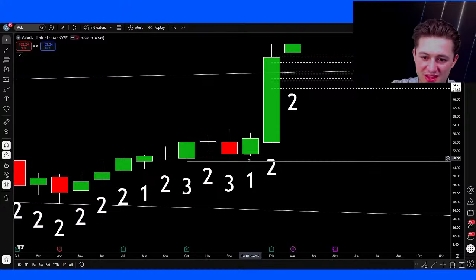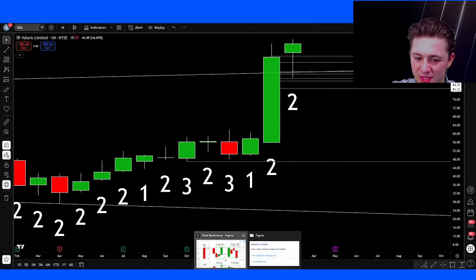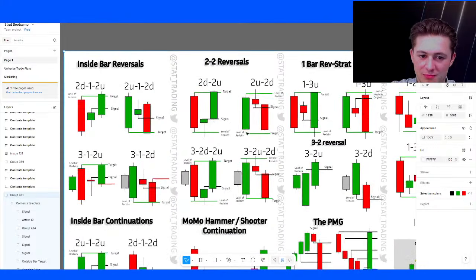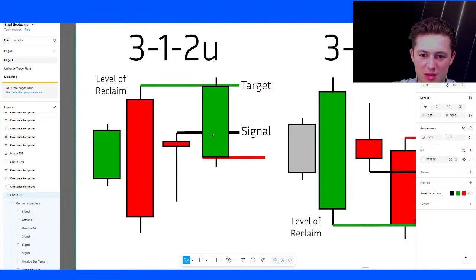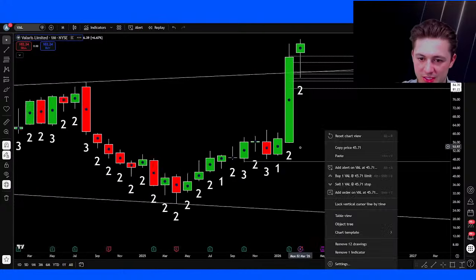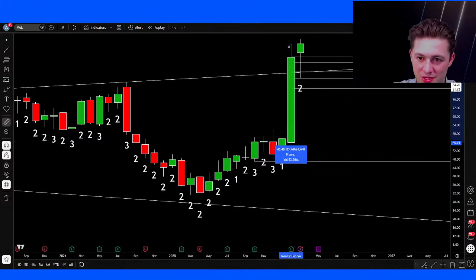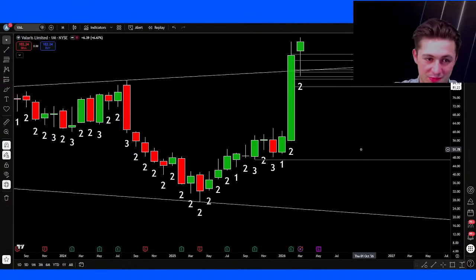Perfect. Then the inside month signal, and then boom, 312 reversal to time it by using a lower time frame. So is this 312 up with a signal and a target and a stop, ideally below the low of the month, but you can widen that if you have to. In this case, it never came back, which is what you're looking for. That's 83%. That's pretty crazy.